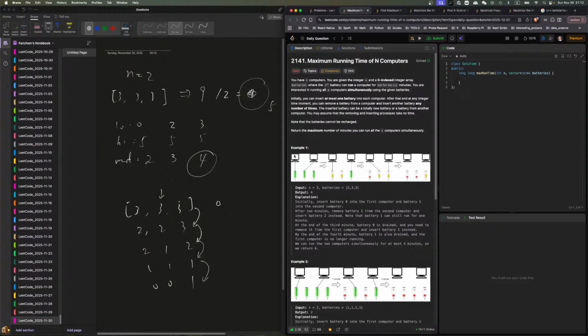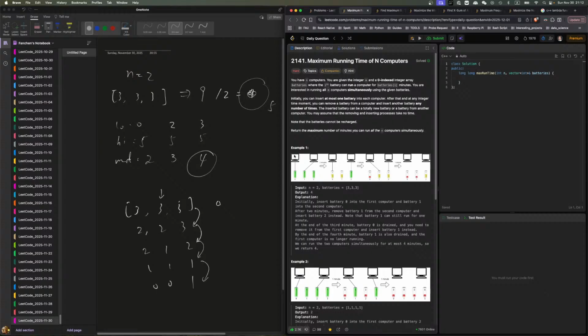Or like we can say the battery just spreads out. I'll support the first one the first minute, the second one the second minute, the third one the third minute. We just go through like round robin. Okay. And then the second battery will do the same thing. Every battery will do the same thing.